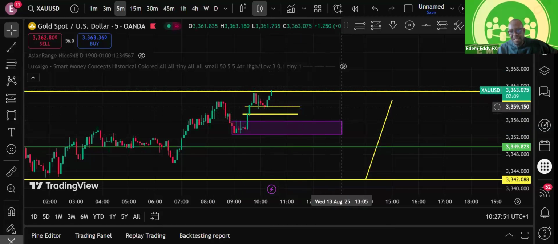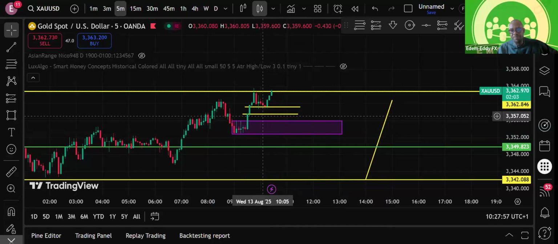Now, if we're using the indicator in TradingView, you'll see that there will be two fair value gaps around here.